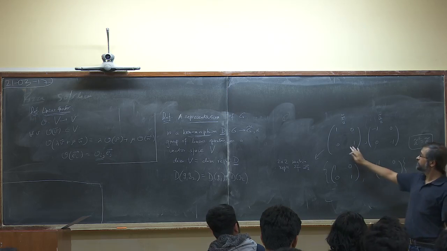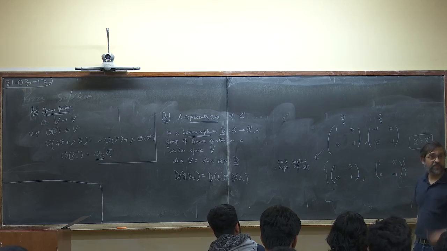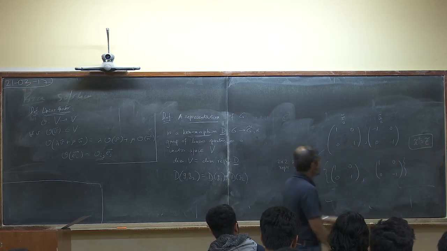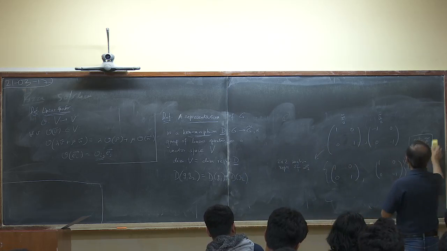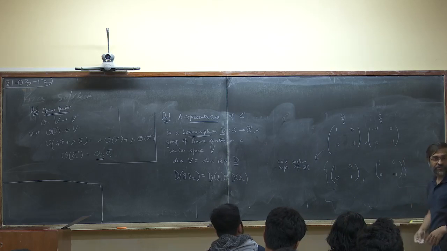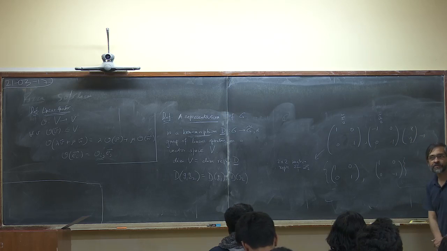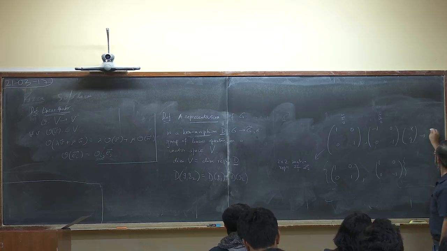Now there's a very crucial difference between this and this: this guy moves every vector in R2 to something else. So this fellow, when acting on (x, y), where does it take it to? Minus x.